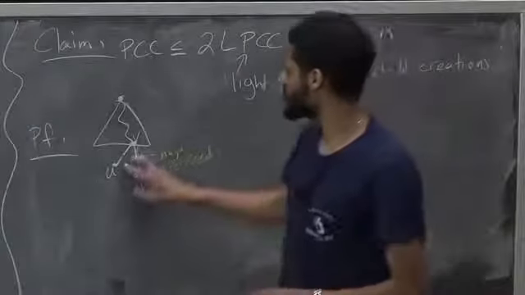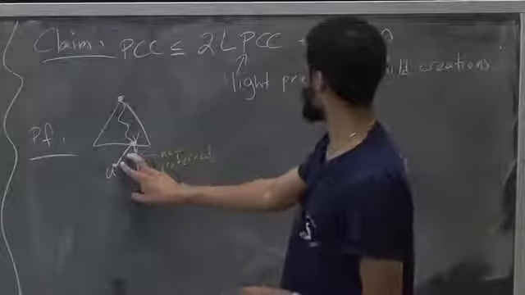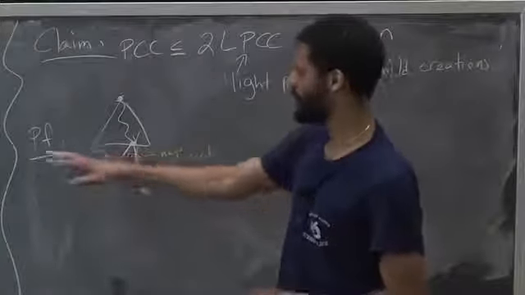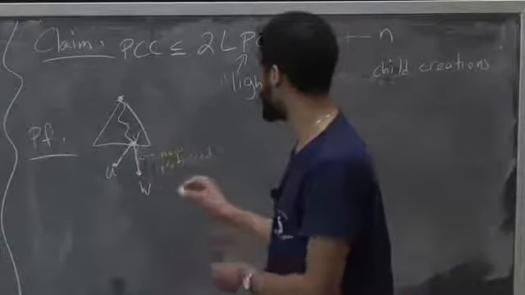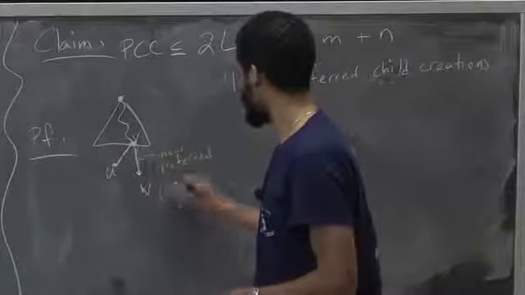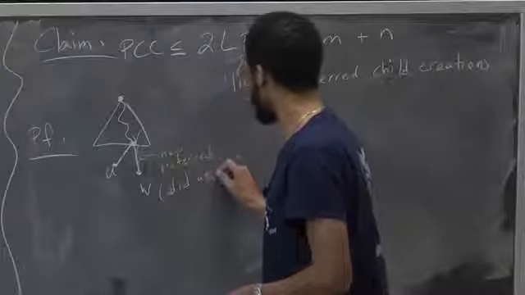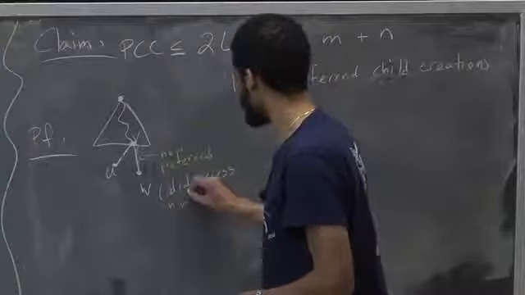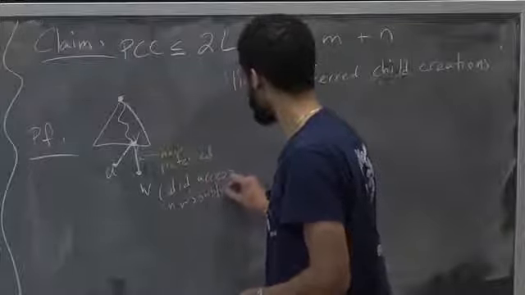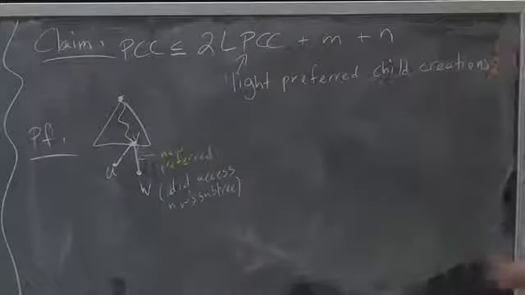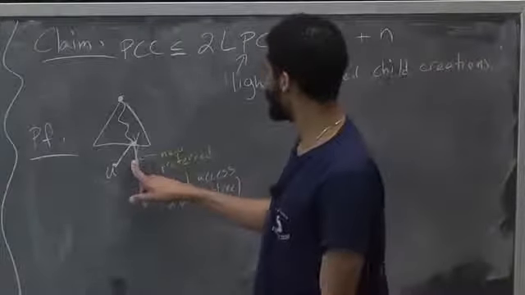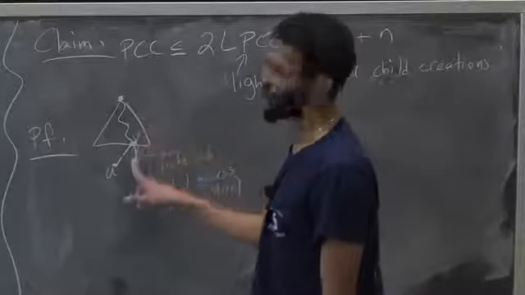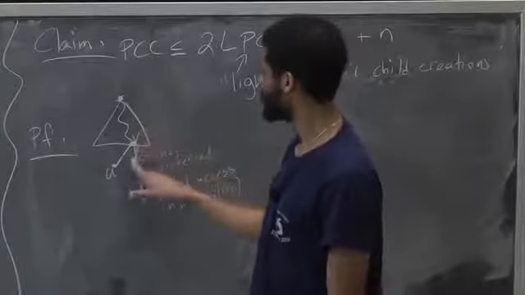So I'm saying that this was a preferred child destruction, and this was a preferred child creation when we did an access somewhere in W's subtree. This is a preferred child change, so we should count it here.